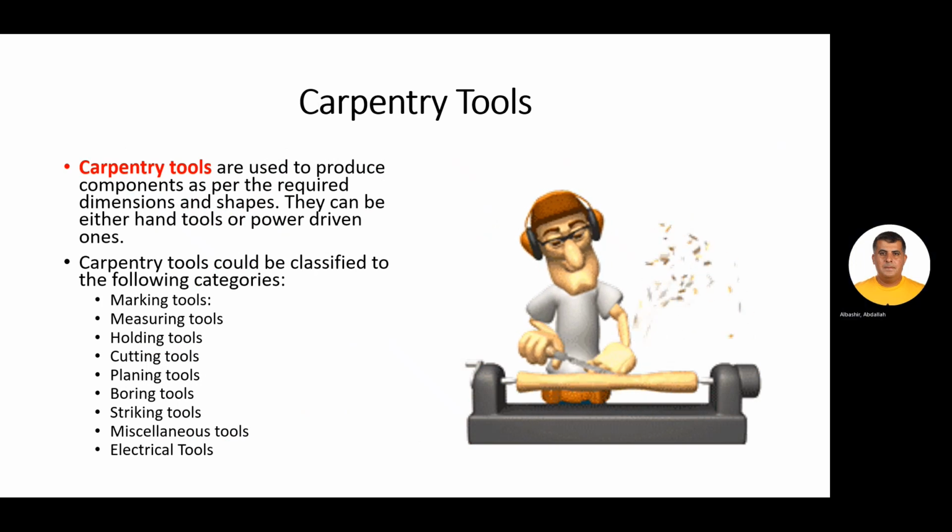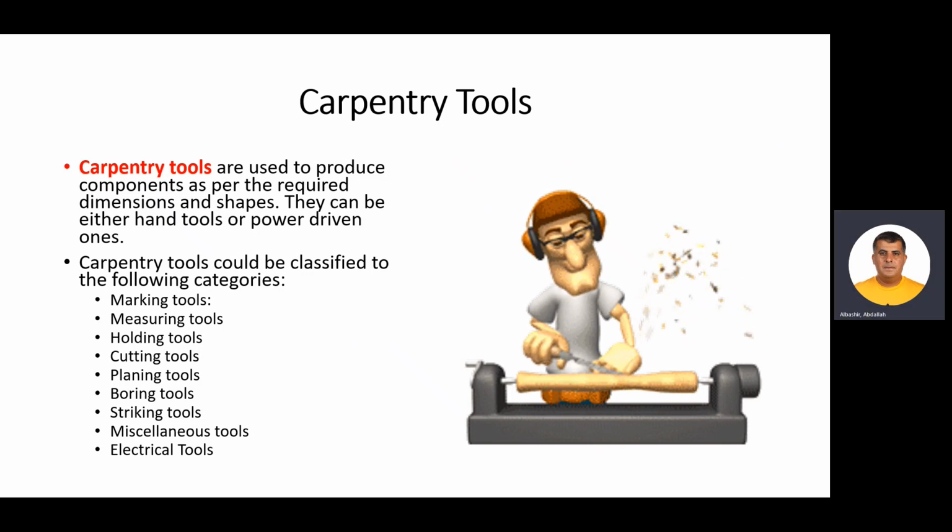Now, the processes on wood are made using different carpentry tools. These tools can be hand or power driven ones. And we will deal with both types in our carpentry workshop.